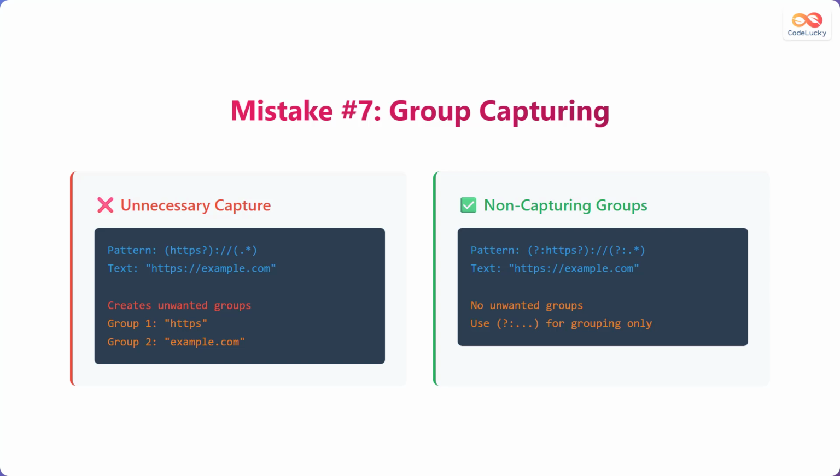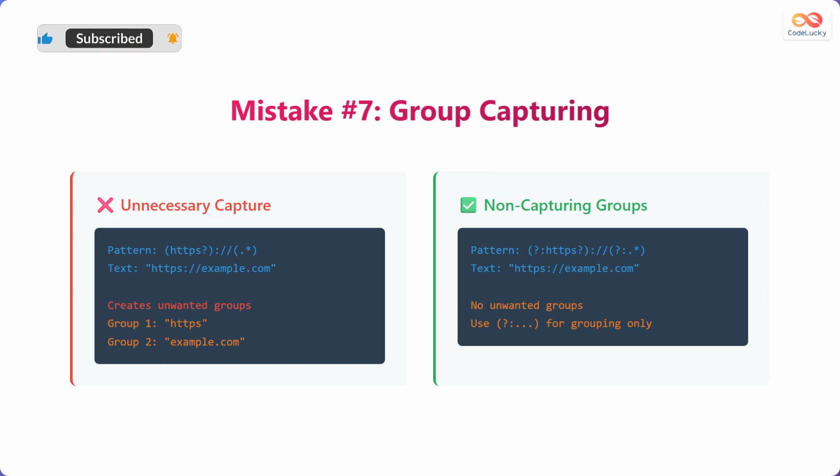Unnecessary group capturing can create unwanted groups and reduce performance. On the left, the pattern (https?)://(.*) is used in the text https://example.com. This pattern captures https in Group 1 and example.com in Group 2, which may not be necessary if you only need to match the entire URL.